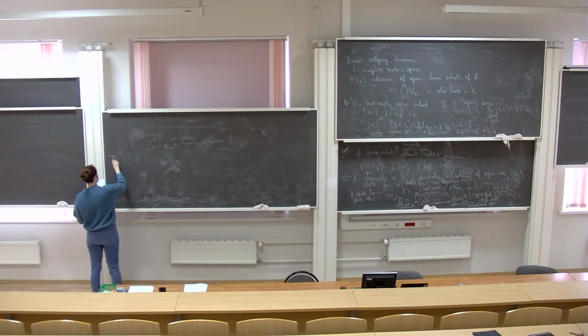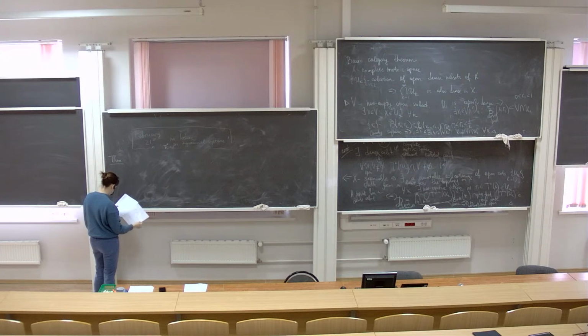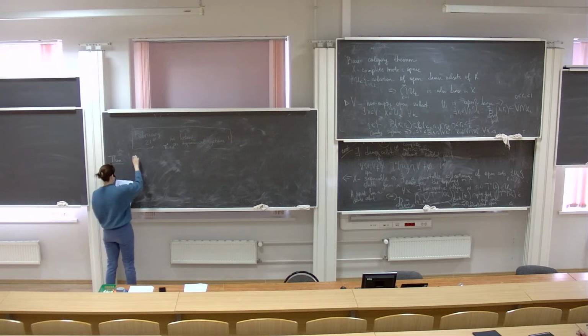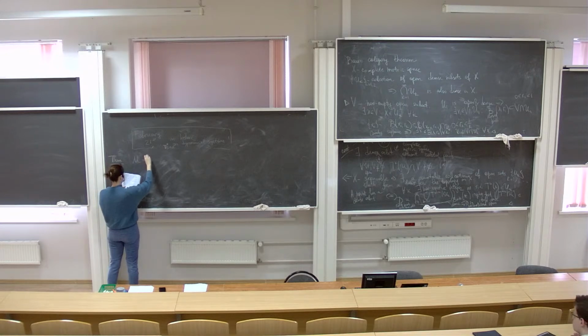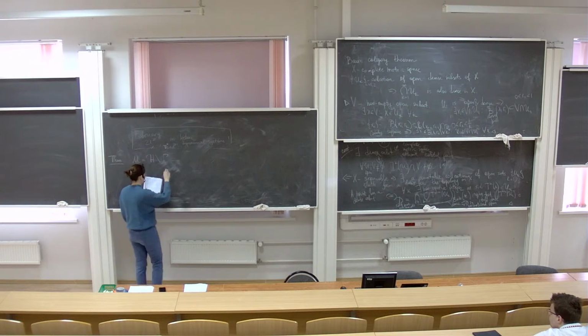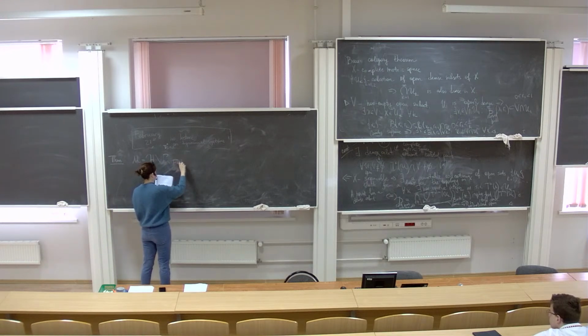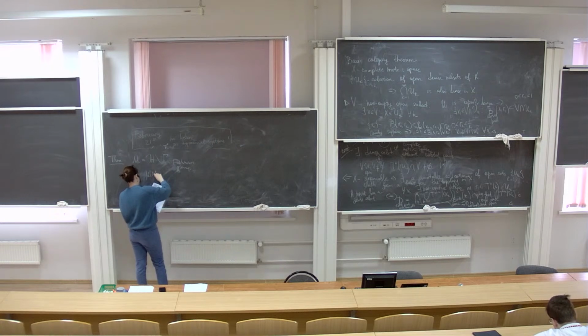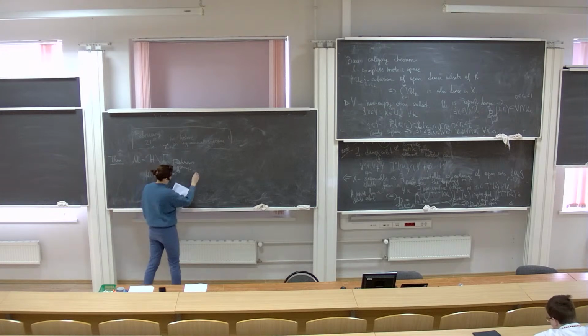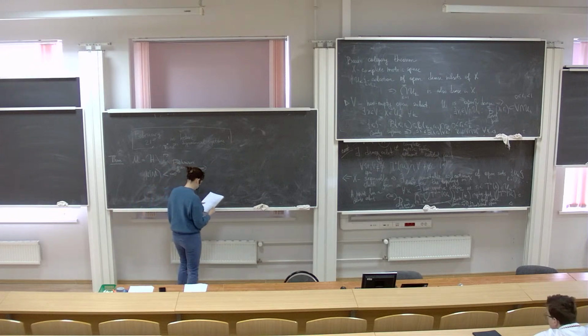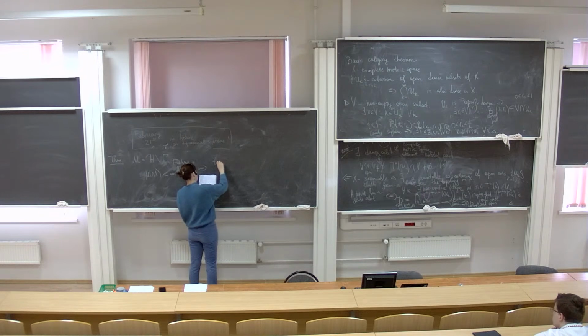So, theorem. Let's say that we have a surface that we see as a factor of the upper half space with respect to the action of the Fuchsian group. And we want that the hyperbolic area of this surface is finite. Then I claim that the geodesic flow is topologically transitive.